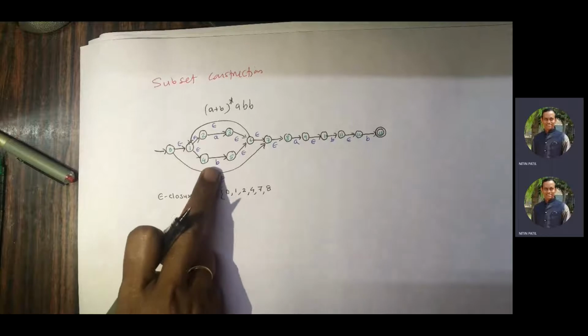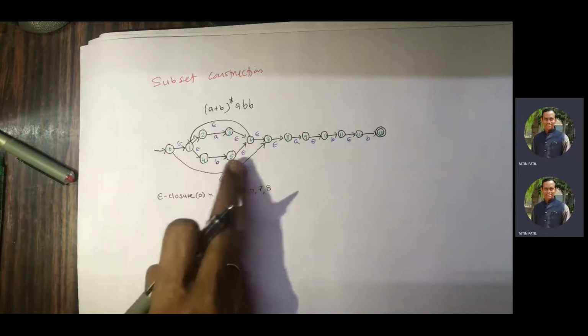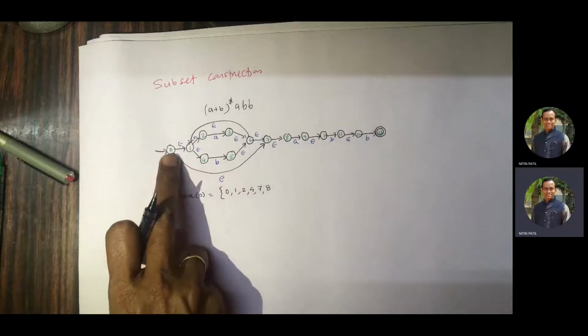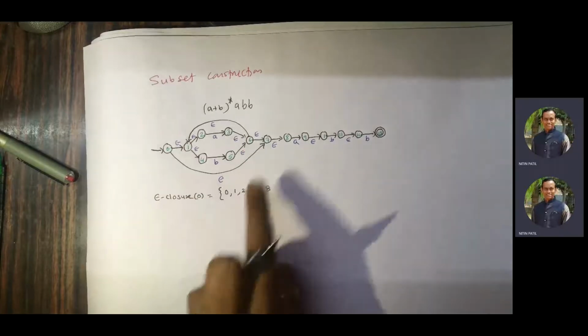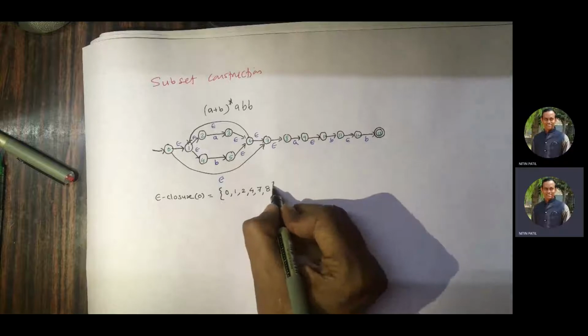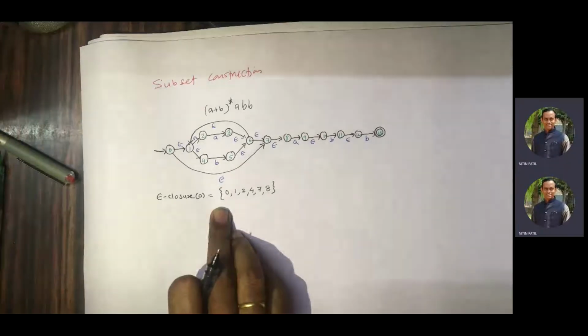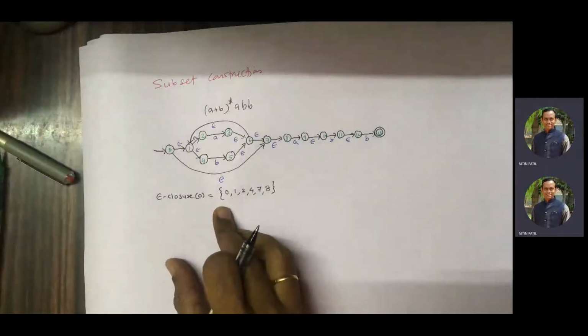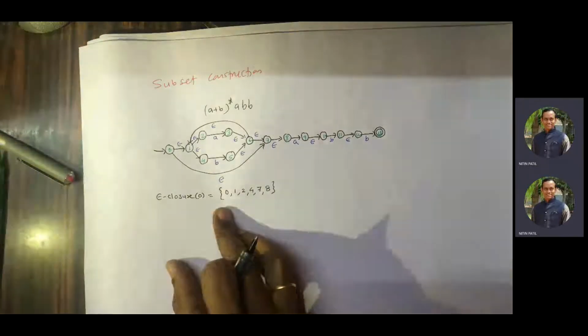We cannot add 5 because there is B there. We cannot add 6 because we don't have a direct transition from 1 or 0 or even 2 or 4 to 6. That's why only these states are there. Now we have this set of states, correct? So give some name to this set.